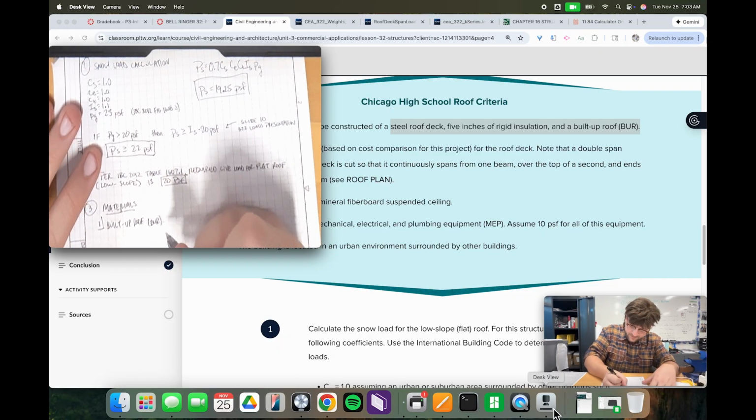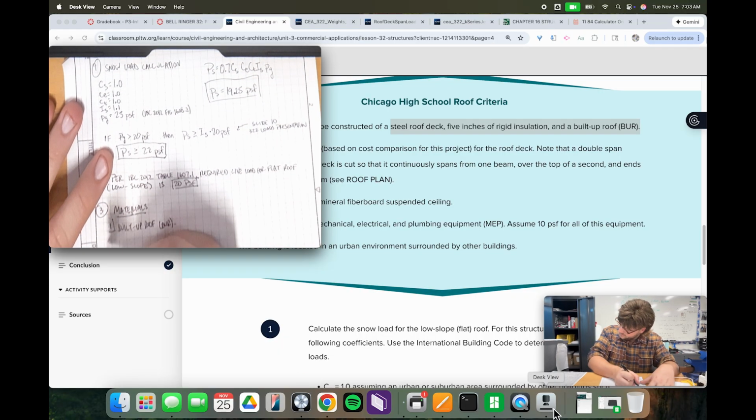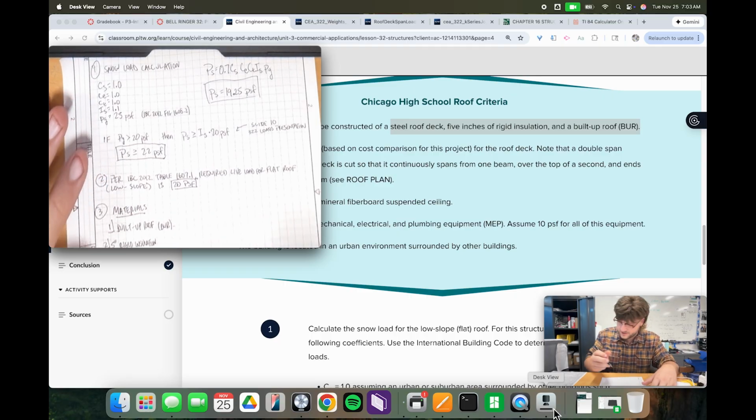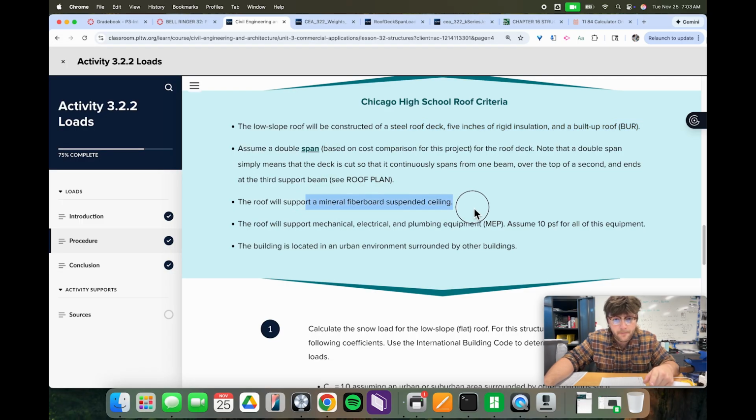That is going to have some value, right? We're going to also have 2, which is the 5 inches of rigid insulation. We're going to also have 3, which is the actual steel roof deck. Then we're going to also have 4, which is going to be that 5/8 inch mineral fiber board suspended ceiling. So we're going to also include that. And then also, of course, the MEP. So they have 10 PSF for that.